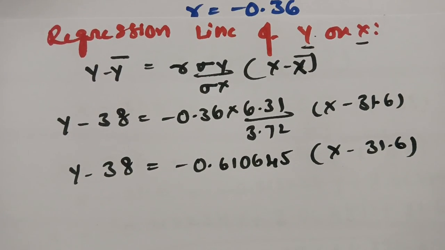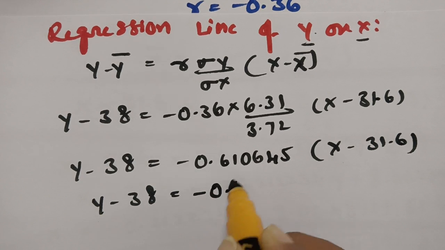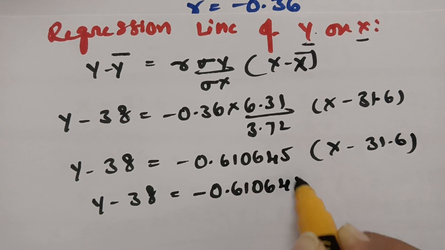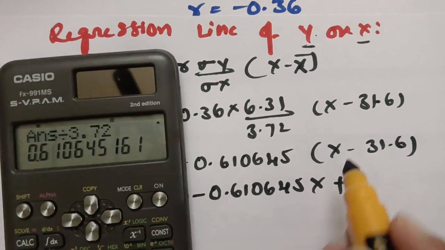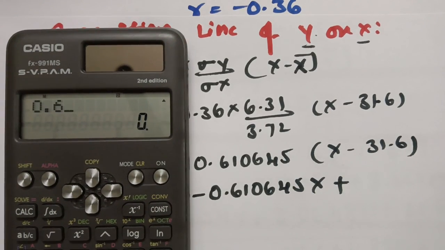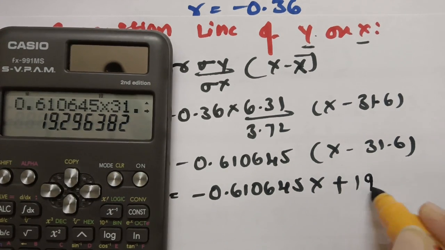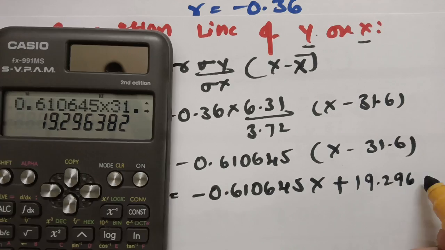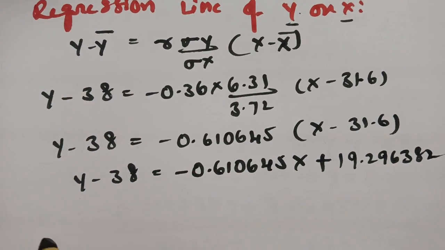Now if I multiply here, y minus 38 is equal to minus 0.61065 into x and minus of minus. So if I multiply these two, this will be 0.610645 into 31.6. The value here will be 19.296382. Clear?